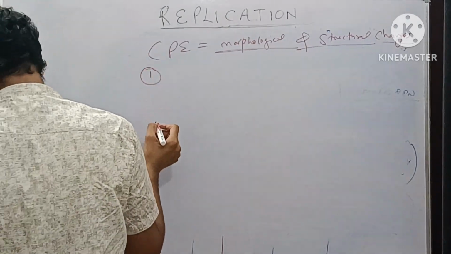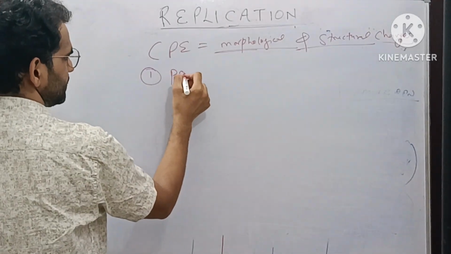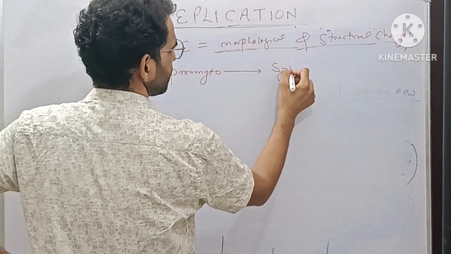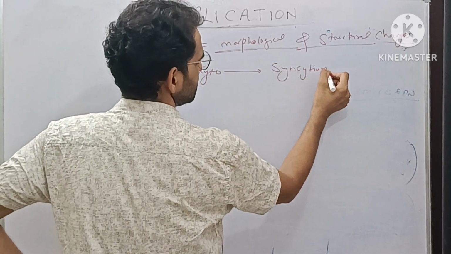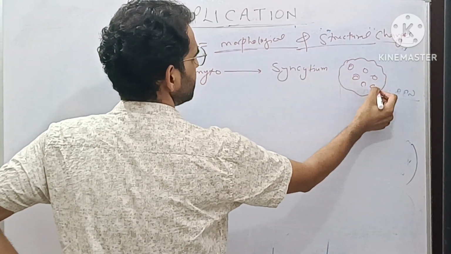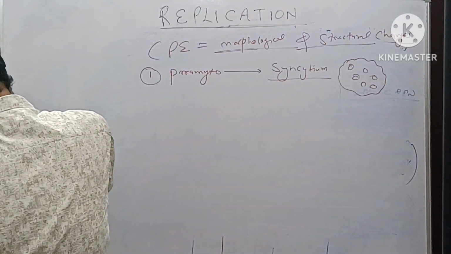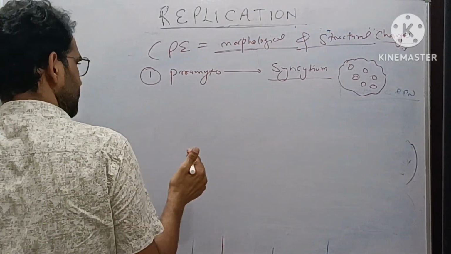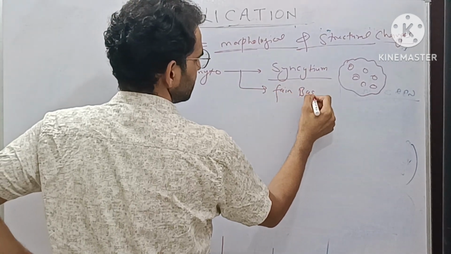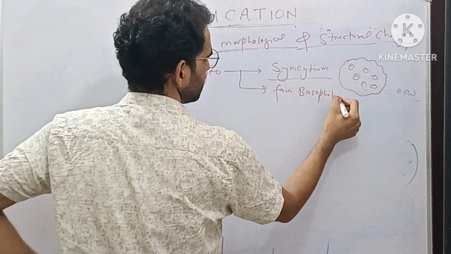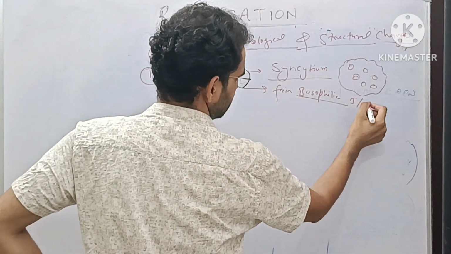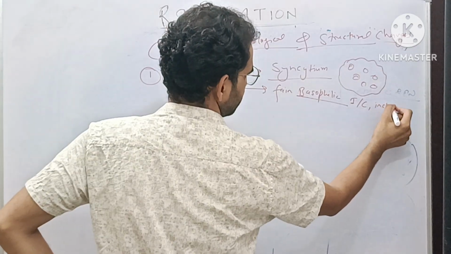Number one, paramyxo. In paramyxoviruses there is formation of syncytium, that is a giant cell with multiple nuclei, having faint basophilic intracytoplasmic inclusion bodies.